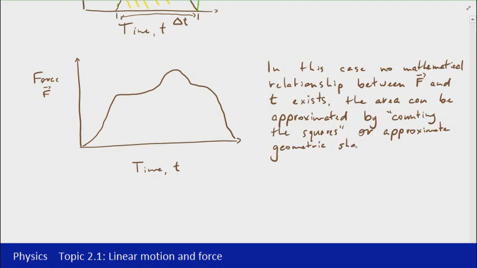What I mean by that is, for this scenario, we could approximate that there's a triangle here, roughly speaking. We could then consider the next bit to be a trapezoid, then almost rectangular up to that point, and then maybe another triangle through here. By making rough estimations of the shapes involved, you can figure out fairly reasonably what the area under the curve would be, and the total of that would be the change in momentum delta P.